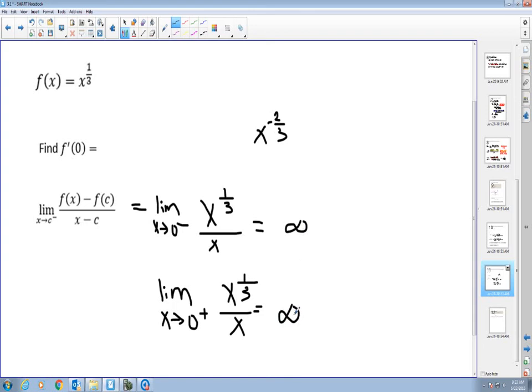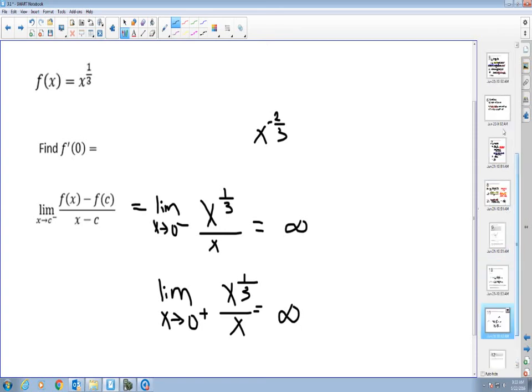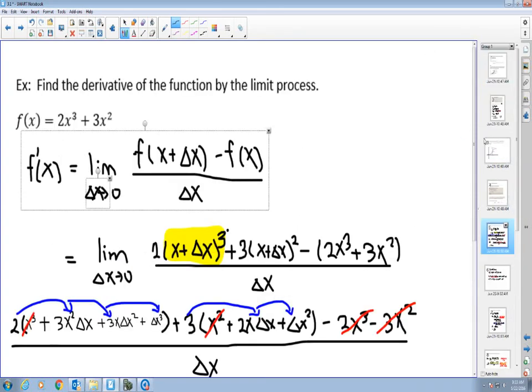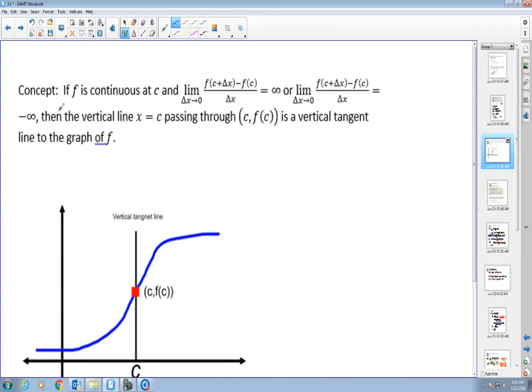So remember earlier, a while back, if f is continuous, which it is, and if the limit as delta x approaches 0 is equal to infinity or negative infinity, that means there's a vertical line passing through my point.